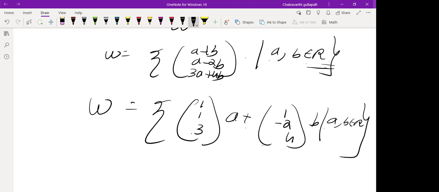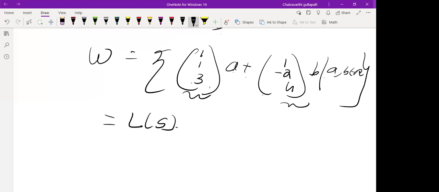L of S is C1 U1 bar plus C2 U2 bar and so on, up to Cn Un bar, which is nothing but the linear span of S. What is S? U1, U2, up to Un, the vectors which are present. Here S is these 2 vectors.